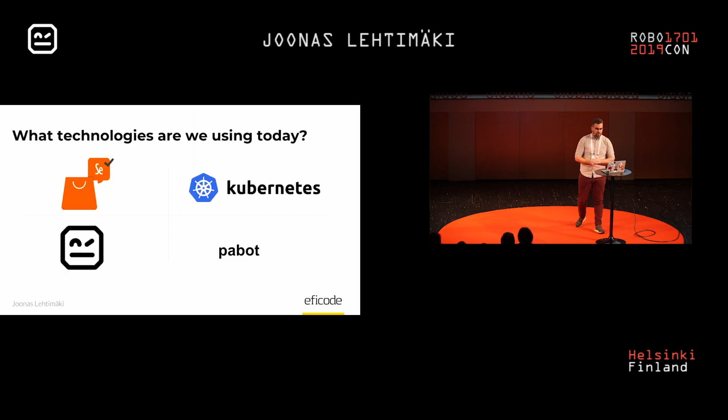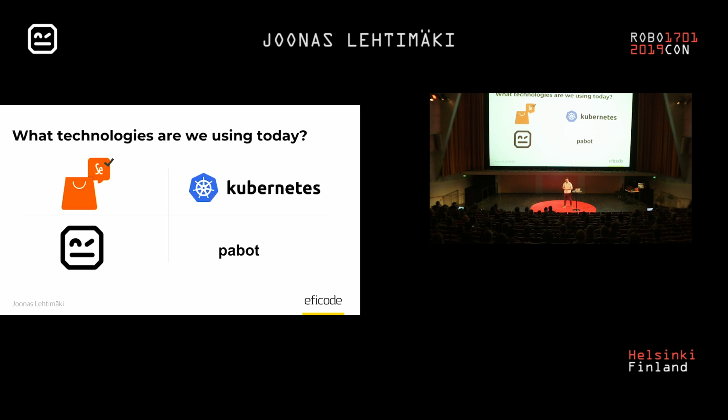So now let's get to the point. The technologies that we're going to use today: first is Selenium, which will handle all the dynamic scaling up and down. And of course, Robot Framework with Selenium WebDriver, which is going to be used for the test cases.